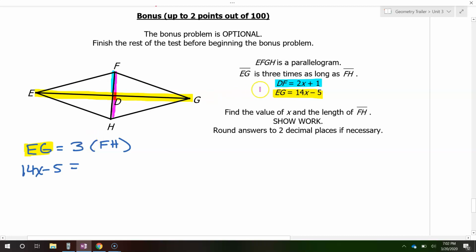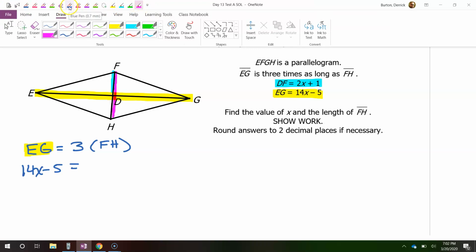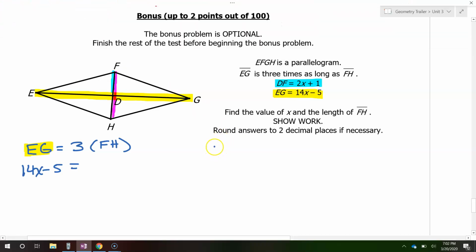Okay, so FH, maybe I should write this over here. FH is the whole.